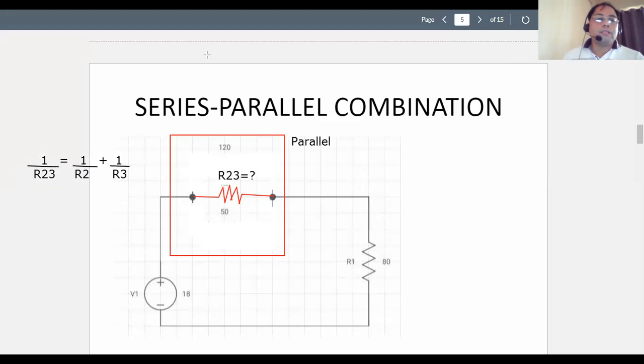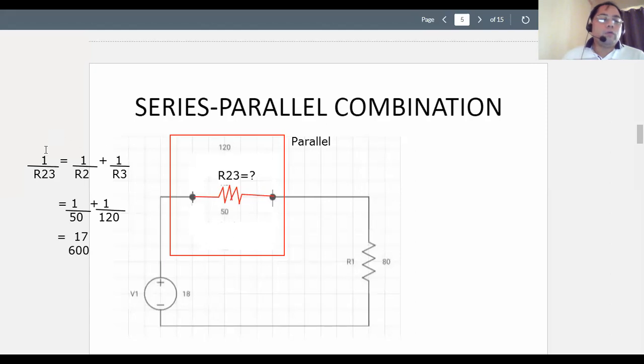So on the right side, for this R23 value, we will have the reciprocal values: 1/50, the first value, plus 1 over 120, the other value. So we will get the value.